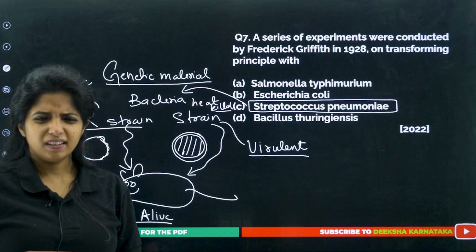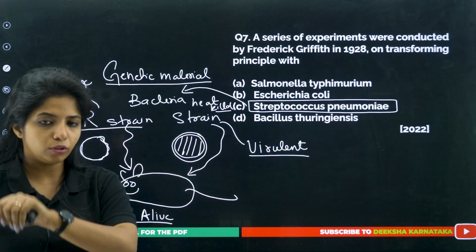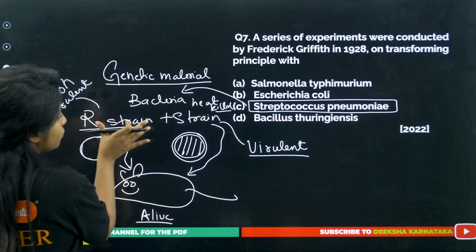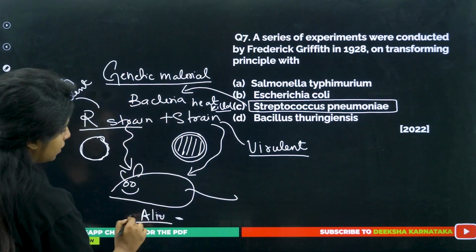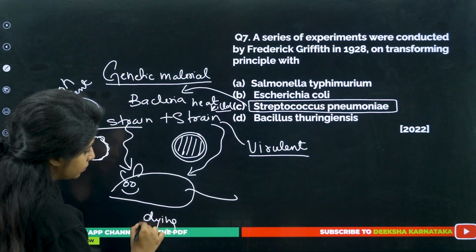So he was like, huh, what is exactly happening? I'm not able to understand. So then he did one more thing. He took heat killed S strain and the normal R strain, which was not causing any trouble. Now he put it in, and then he found that this particular mouse is now dying.